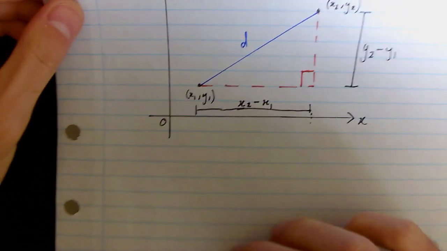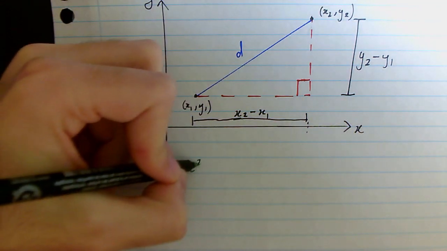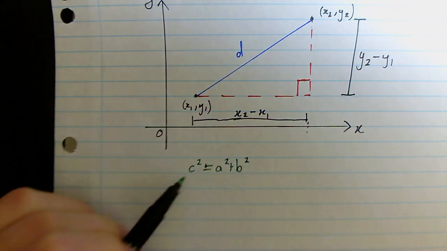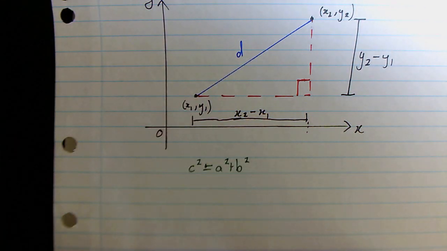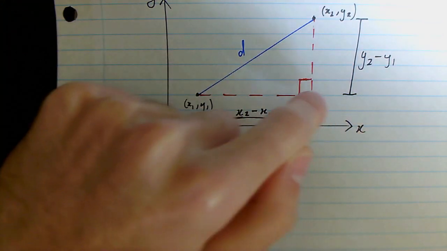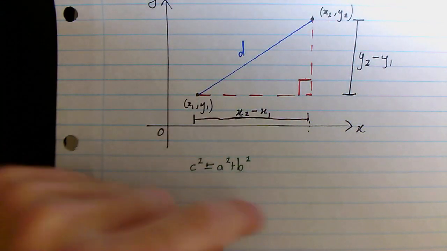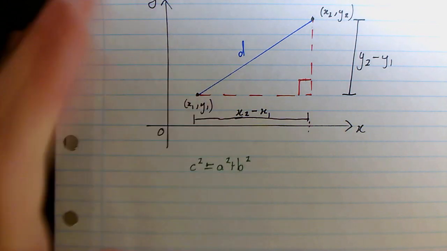If we recall, Pythagoras theorem states that c squared is equal to a squared plus b squared, where c is the hypotenuse and a and b are the other sides of the right angle triangle. So c, our hypotenuse in this example, is d. My other sides a and b are y2 minus y1 and x2 minus x1 in no particular order.